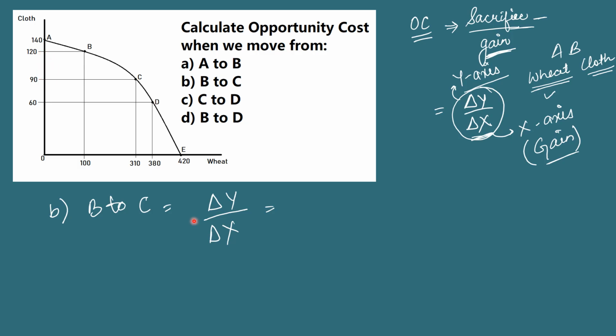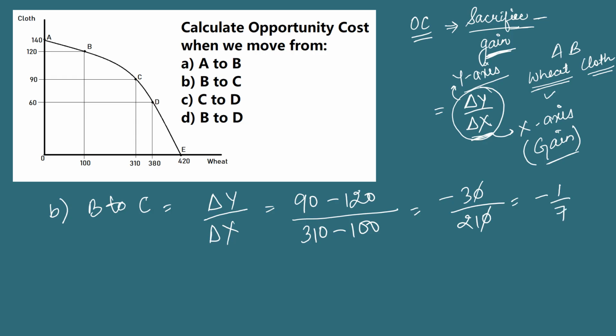So the gap between these two would be 90 minus 120, divided by the change in x-axis from B to C. This would be 100 to 310, so the difference would be 310 minus 100. When we calculate, it would be minus 30 by 210. So it would be minus 1 by 7. So opportunity cost when we move from point B to C would be minus 1/7.